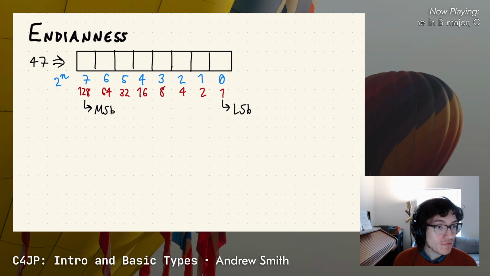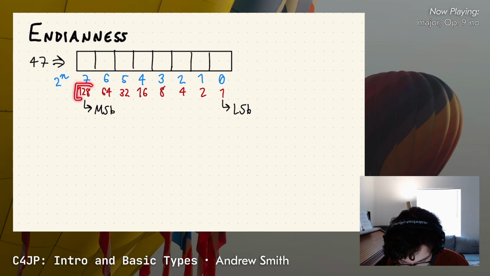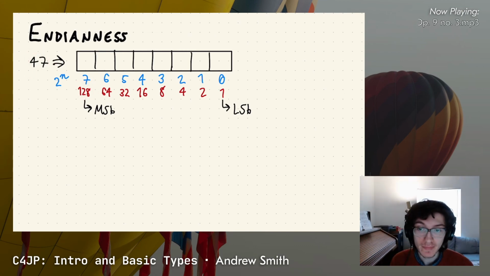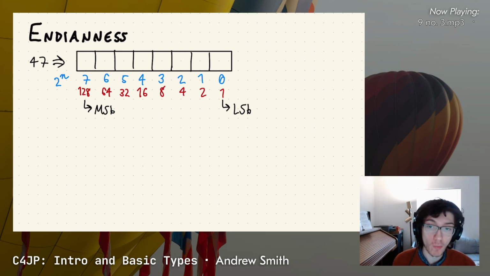Every time we encounter a bit, we're going to determine whether its place value is less than or equal to the number that we are trying to convert. If it is, then we're going to write a 1. And if it's not, then we're going to denote a 0.